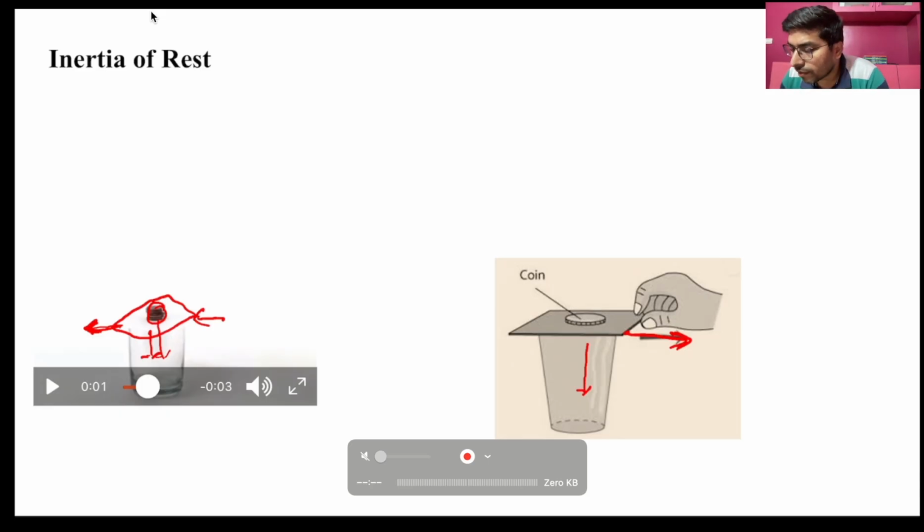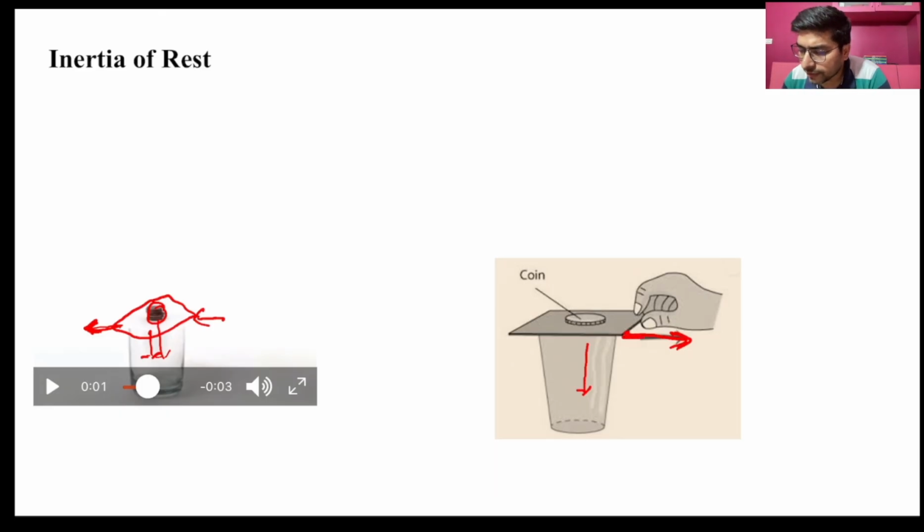Now see, when we are moving slowly, this coin also will move with the board, right? If we move this card slowly, the coin will move. Why? Which force is moving this coin? Friction force, right? Static friction force. If you studied in a previous grade, static friction force will move this coin, right?